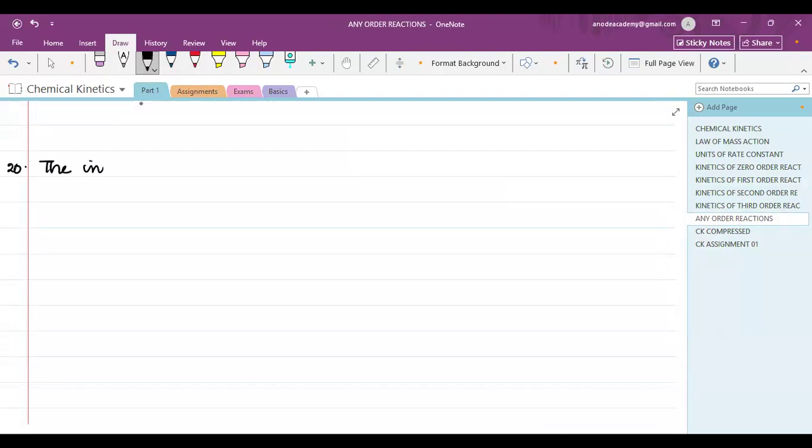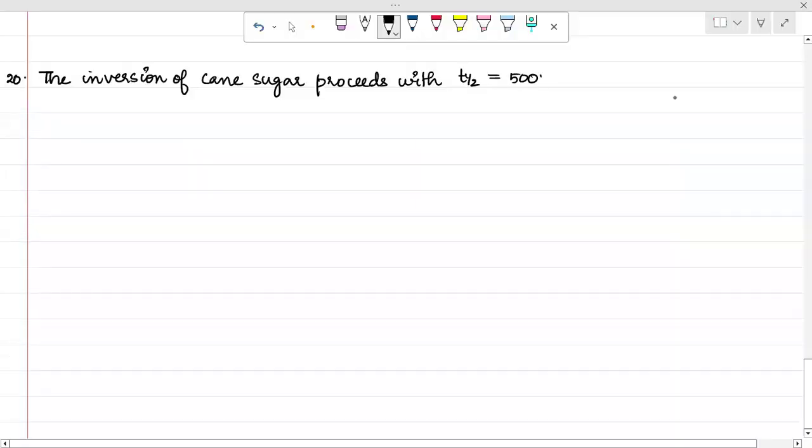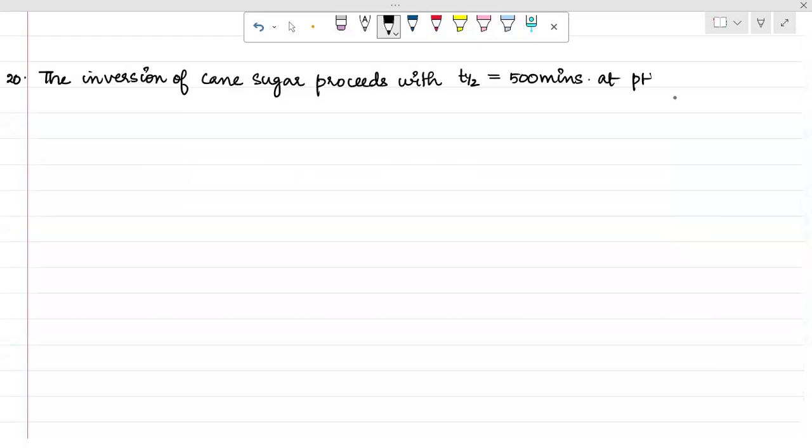The inversion of cane sugar proceeds with T half equal to 500 minutes at pH equal to 5 for any concentration of sugar.